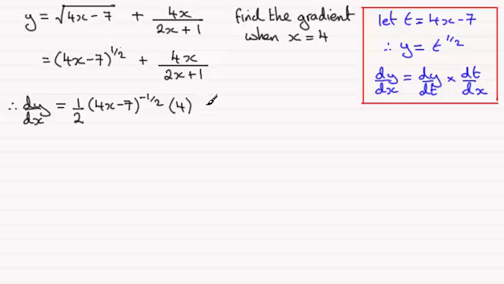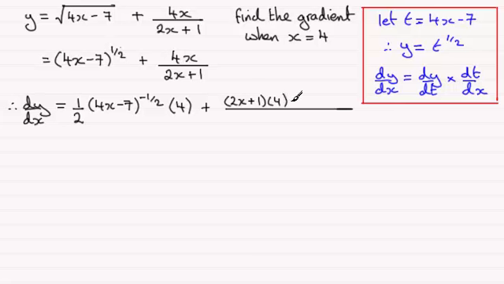Next we come on to differentiating this term, and I said I'm going to do it by the quotient rule. And for the quotient rule, remember that if you've got a fraction, it's going to be the bottom of the fraction, first of all, 2x plus 1, multiplied by the differential of the numerator. Differential of 4x is 4.